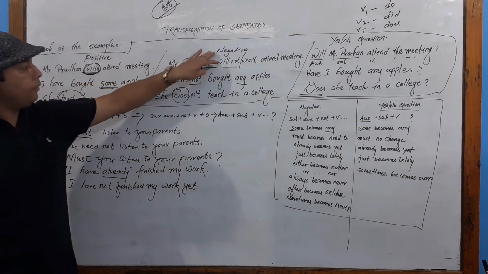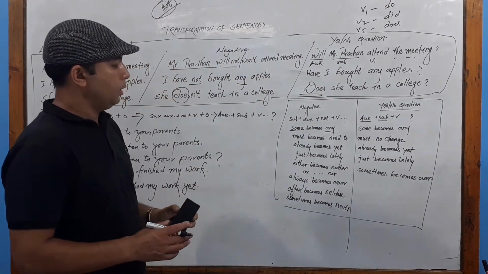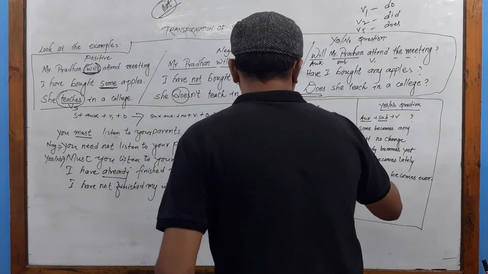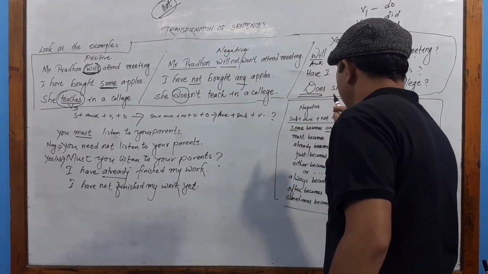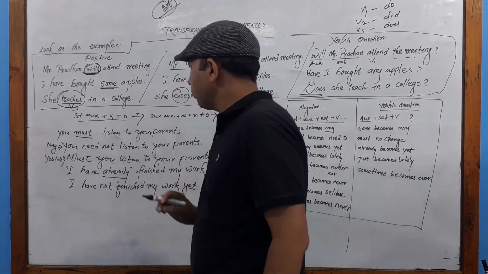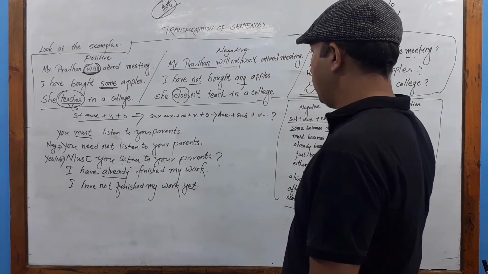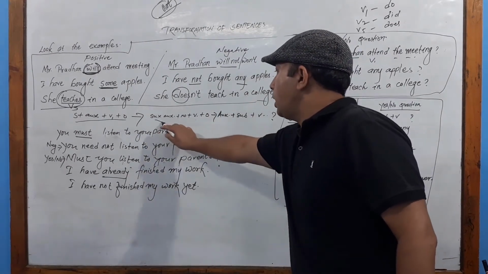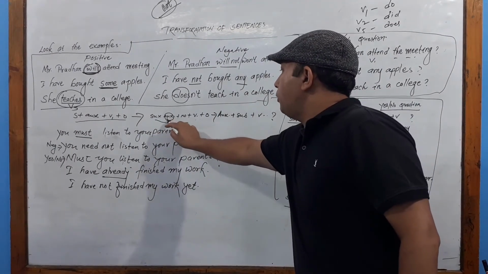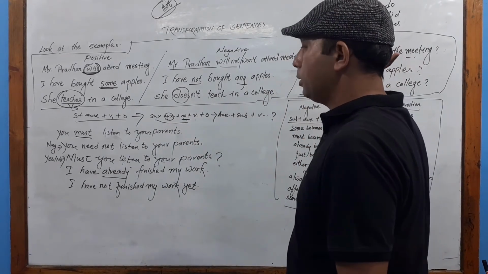Okay, so in this way we can change affirmative to negative and affirmative to yes no questions. Only two formulas you have to know. If there is this form, subject plus auxiliary plus verb 1, then if we have to change into negative, after the auxiliary verb 'not' is added, then finished.